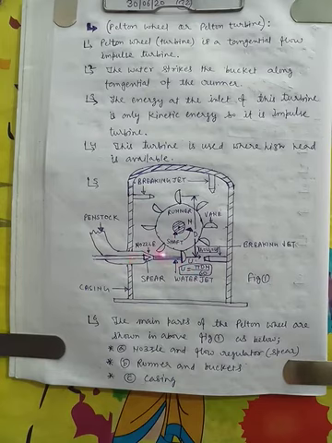Here the water is impacted, and the distance of the water impact point from the center of the shaft is called the effective radius of this turbine, and this is the diameter of the turbine.